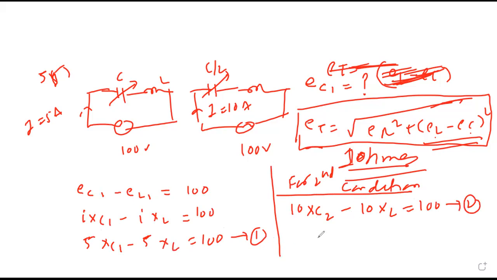When C becomes half, then XC will become double or will it remain half? Tell me the condition, what will XC be, double, half or same when C becomes half? Is there any relation between XC and C?